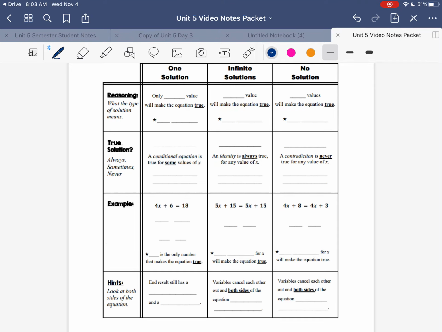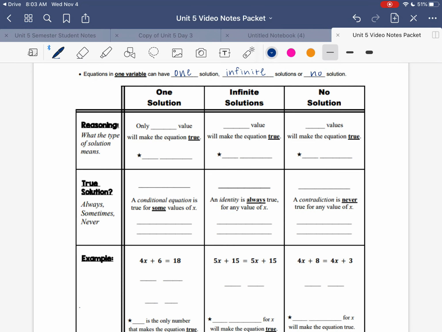I'm going to start on the left. When we say there's one solution, what that means is that there is only one value that could possibly make the equation true. So literally there is one number that you could substitute in place of your variables that will make that equation true.